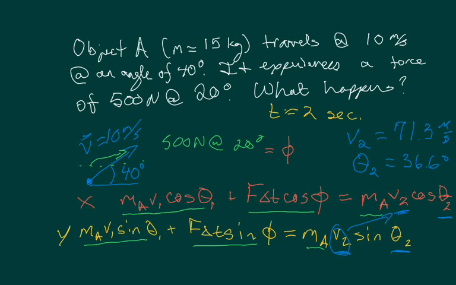So that sustained force actually put a whole lot of speed into this, right? And it actually decreased our angle slightly from the 40 degrees, and it's to be expected because we're coming in at a lower angle and pushing it in that direction. And so we were able to correct course a little bit down to 36.6 degrees. Velocity jumped way up there. So that's an example of this.